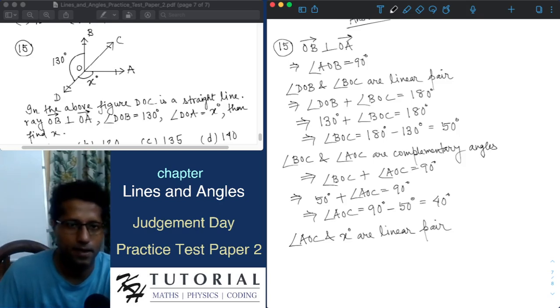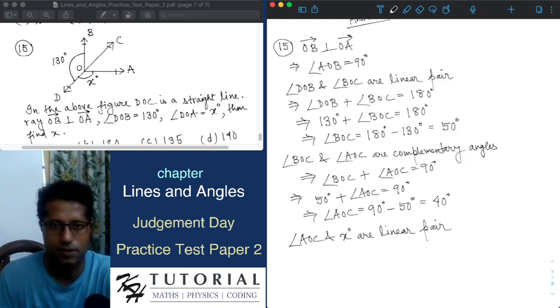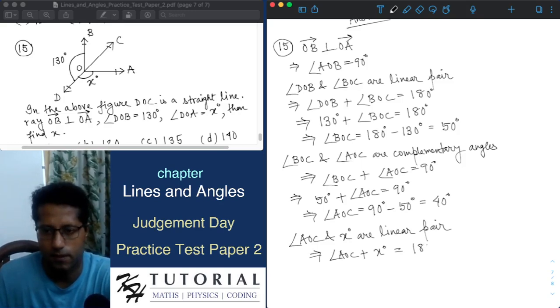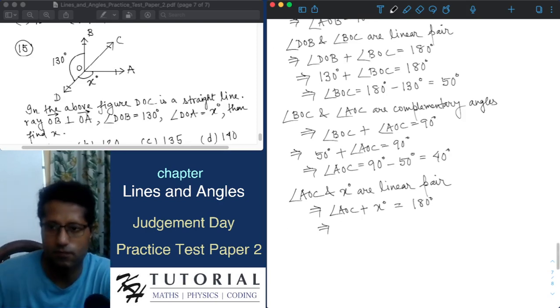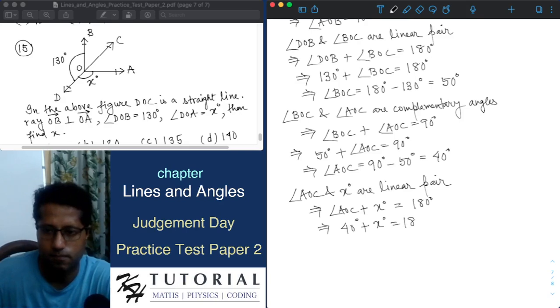Because the angle AOD, which is x degrees, and angle AOC are on the same side of the straight line DC, and they are forming the angles AOD and AOC at the same point O. So this implies angle AOC plus x degrees is equal to 180 degrees. So angle AOC we have found to be 40 degrees, plus x degrees equals 180 degrees.